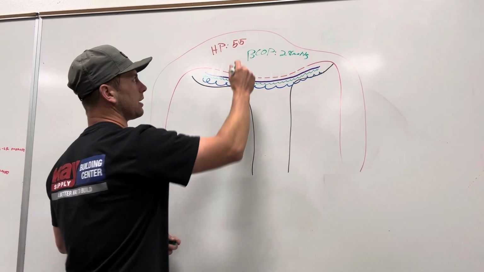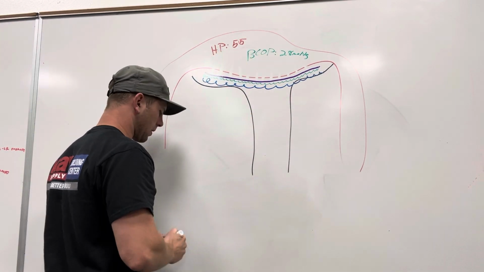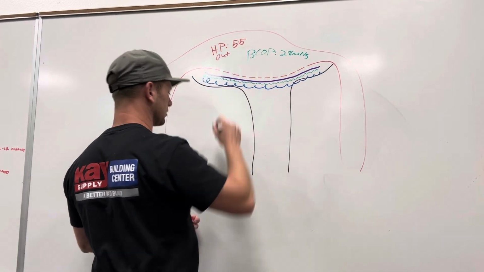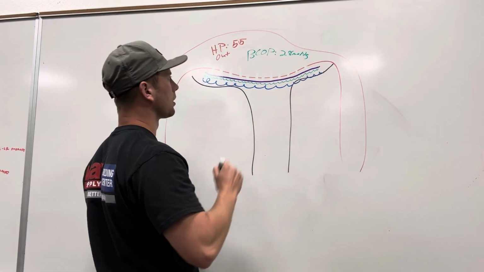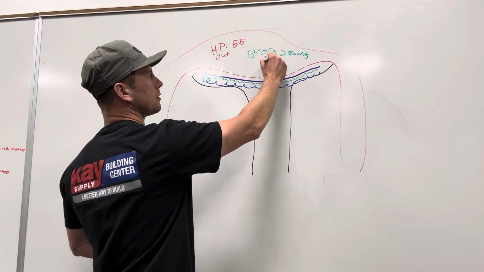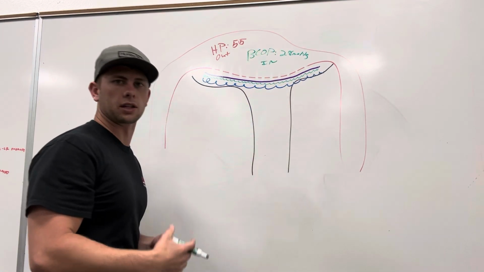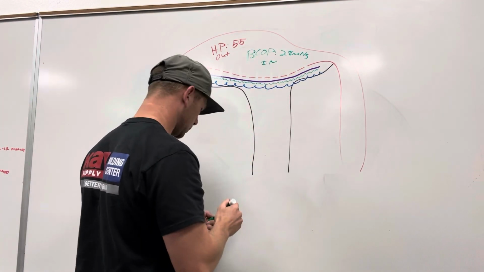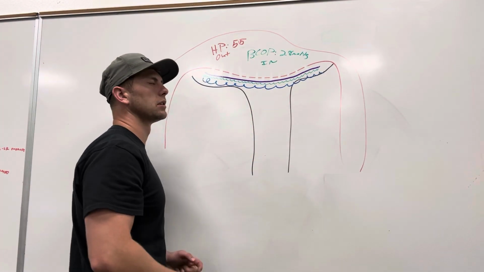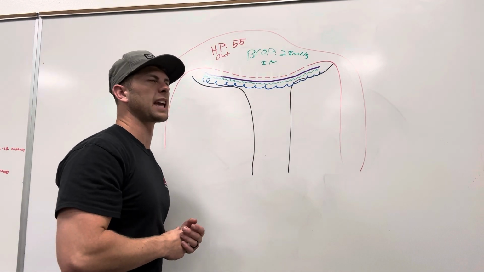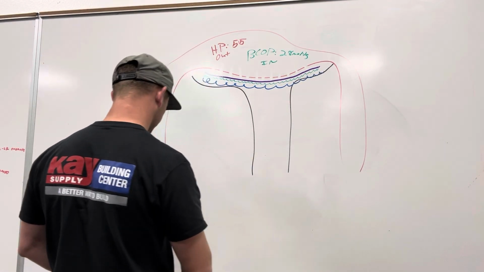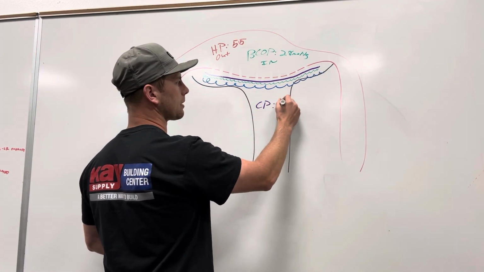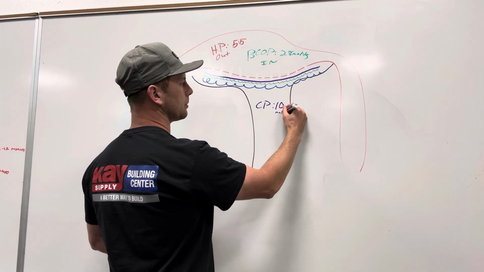So the hydrostatic pressure will drive water out. I'm going to just write that out. And the BCOP will drive water in, because water is going to be attracted to the albumin in there. We also have a capsule pressure, which is 10 millimeters of mercury.